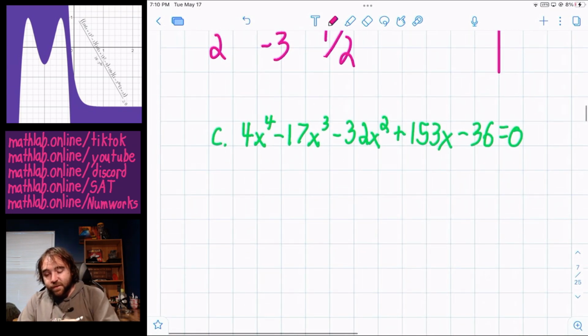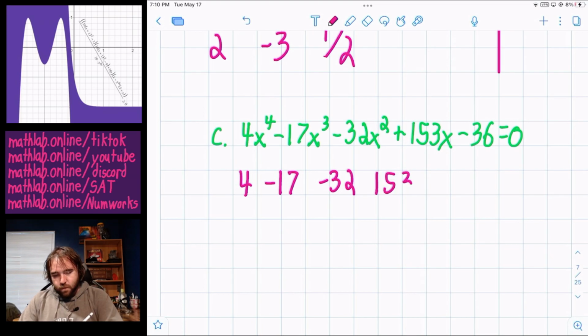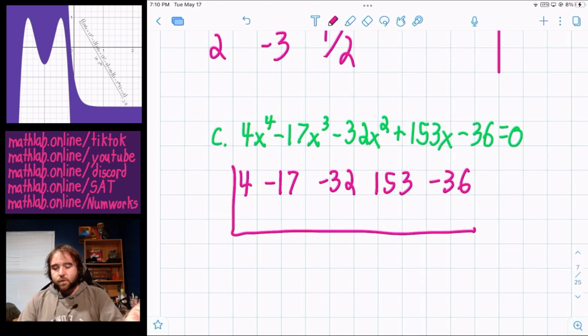All right, we're going to have to do synthetic twice here because it's an x to the fourth. And we got crazy big numbers for whatever reason. Let's try 4. I'm feeling it really just because we're going to get the 16 here. Now let's see.